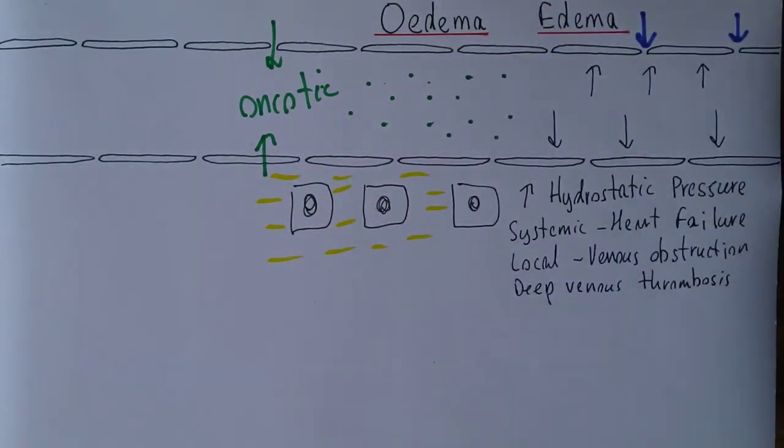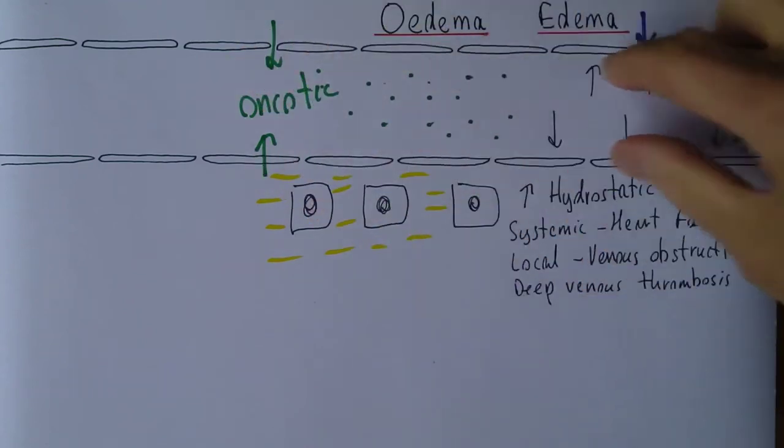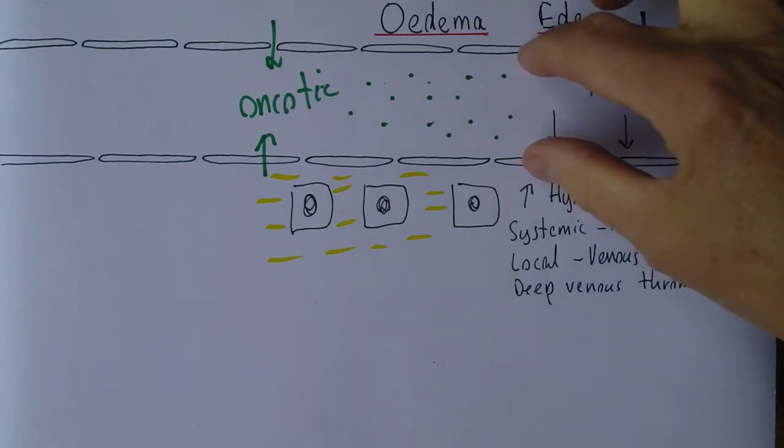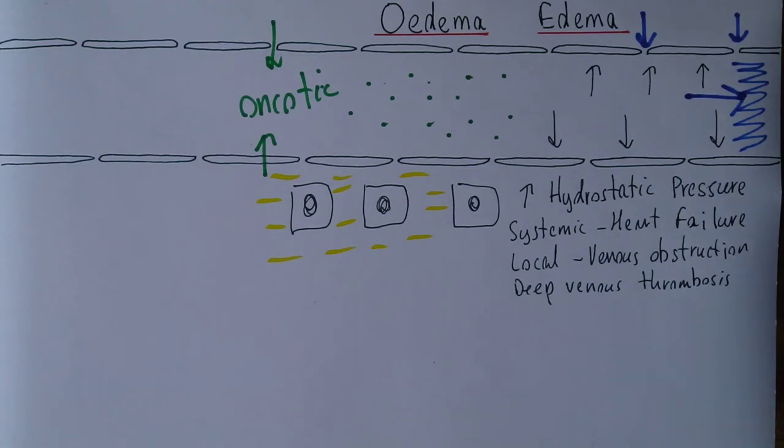Because normally the fluid in the blood is leaving this way, it's going out that way. But if there's a relative obstruction here, if there's a traffic jam, as it were, downstream, there's going to be this backlog of fluid. Because this capillary, of course, is draining into venules, the venules are draining into veins, and if one of the deep veins is obstructed, the flow of fluid from the capillary out into the venous system is going to be inhibited.